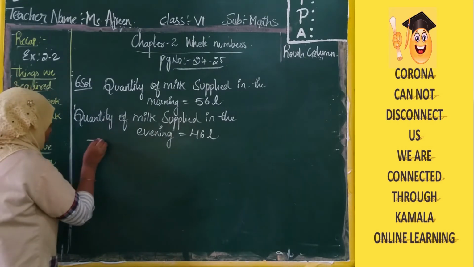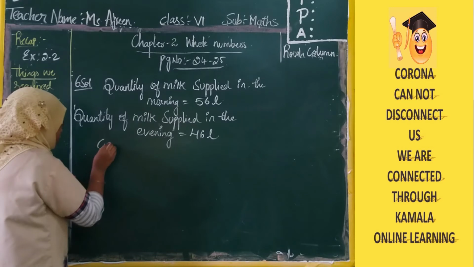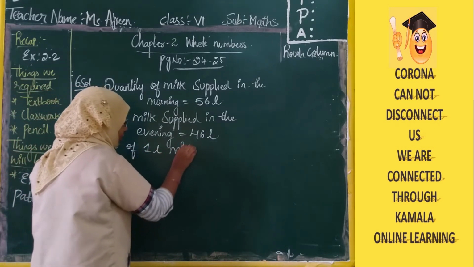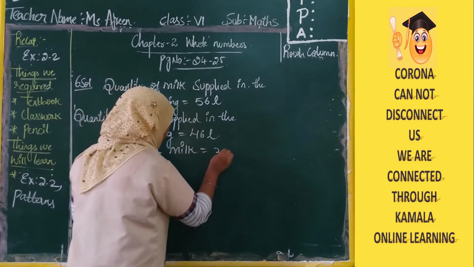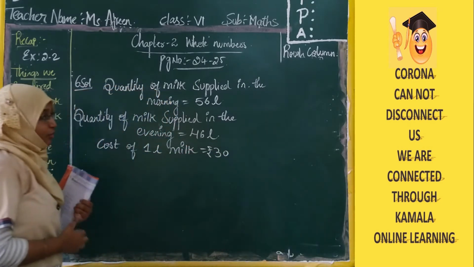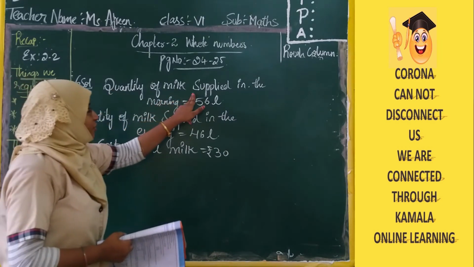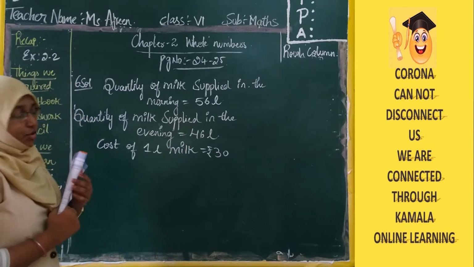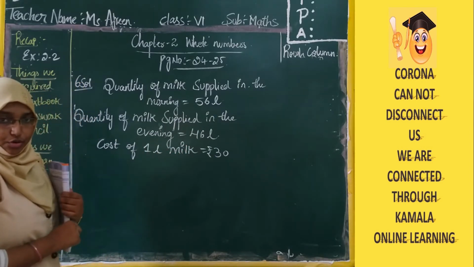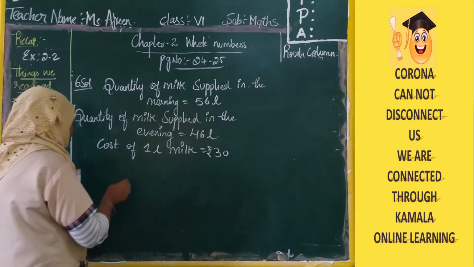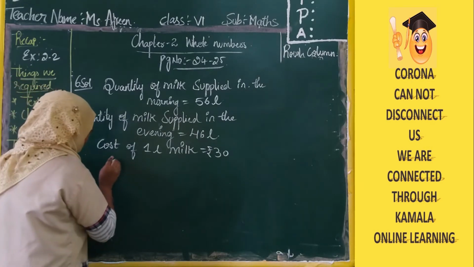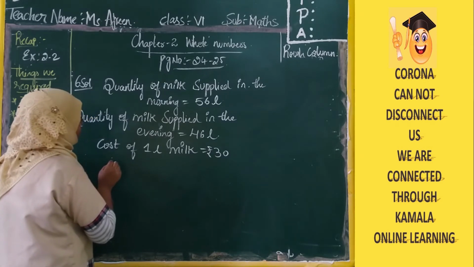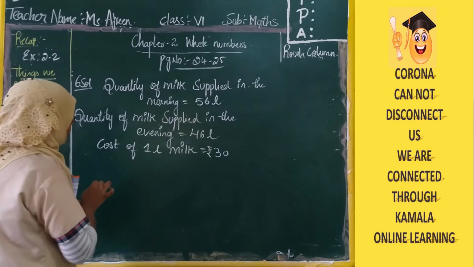So let us write the cost. Cost of 1 liter milk is rupees 30. Now what have I given? We have just written quantity of milk supplied in the morning, 56 liters. Quantity of milk supplied in the evening is 46 liters. So we need to find the total amount of milk supplied.